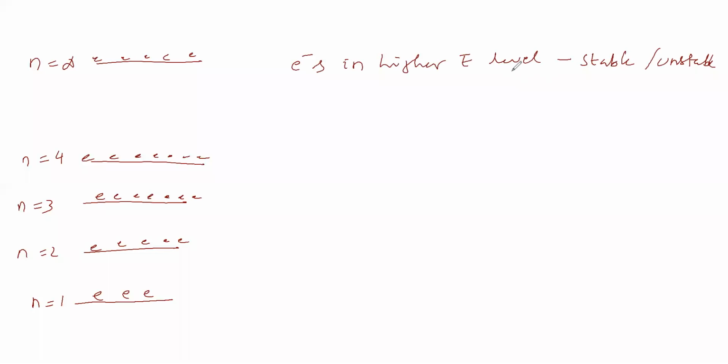Those electrons are unstable. Unstable in the sense they will go for de-excitation, that is, they jump to a lower energy level.